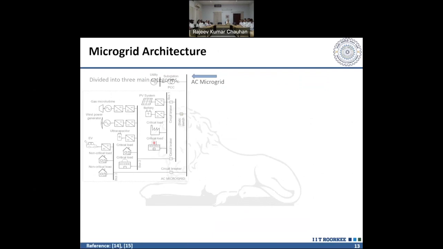So, what is the architecture of a microgrid? As we have seen, most of our generation is in DC form. If I take the fuel cell, the generated output is DC.